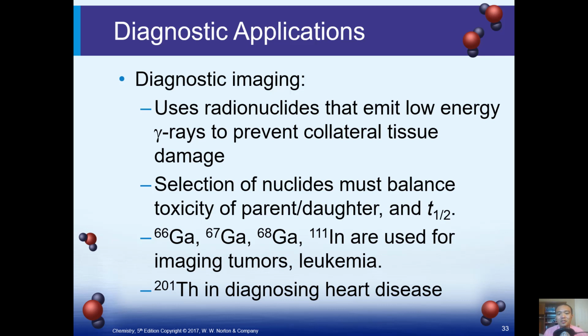In addition, the toxicity of the parent and daughter nuclei must also be considered, along with the cost and availability. Several isotopes of gallium and indium are used as imaging agents for tumors and leukemia.